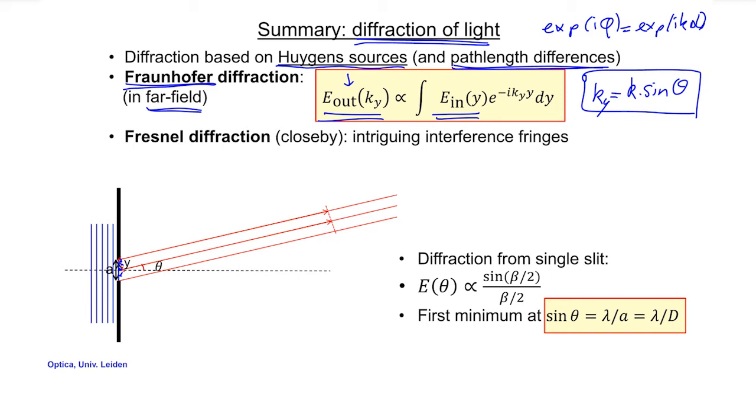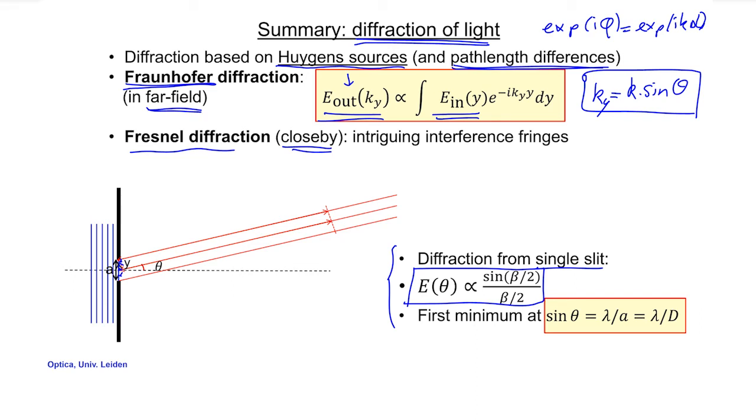If you're close by, you will see intriguing additional interference fringes that we didn't go into in detail. Most of the lecture was about diffraction behind a single slit. For that, we found a diffracted field of the form sine beta over 2 divided by beta over 2.